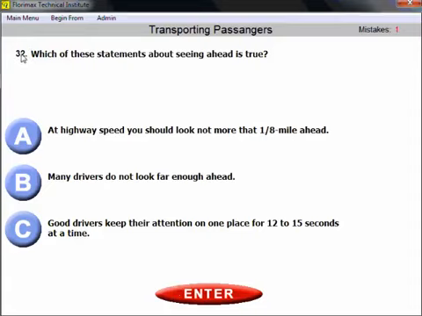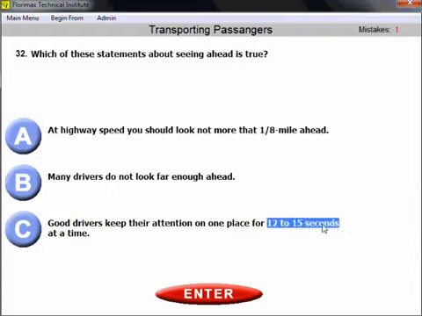Question number 32. Which of the statements about seeing ahead is true? You need to remember how far ahead you should see. They try to confuse you. They give you something looking very similar to the right answer, something about 1/8 mile, something about 12 to 15 seconds.